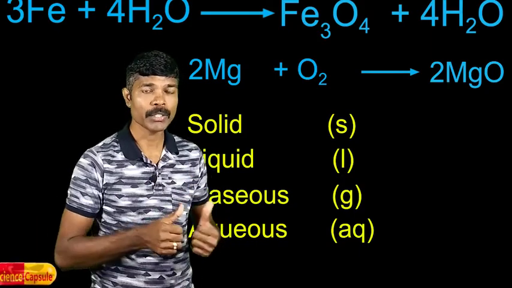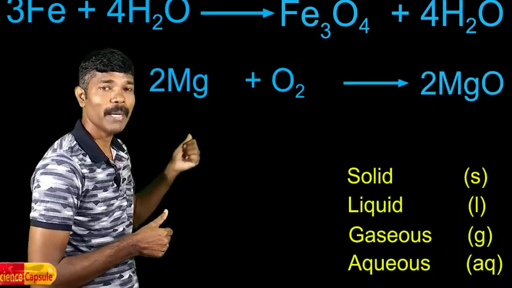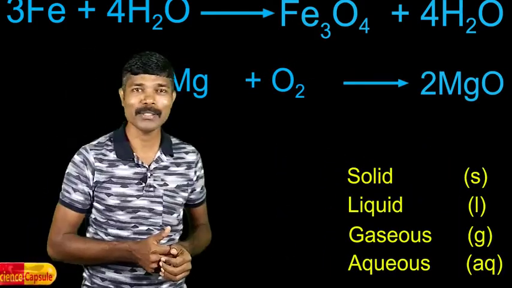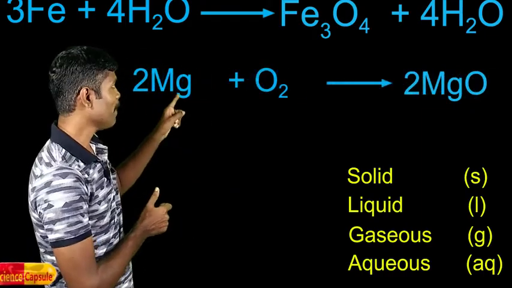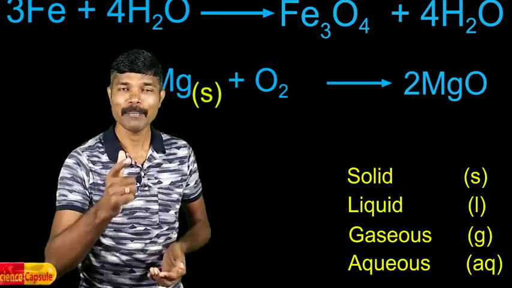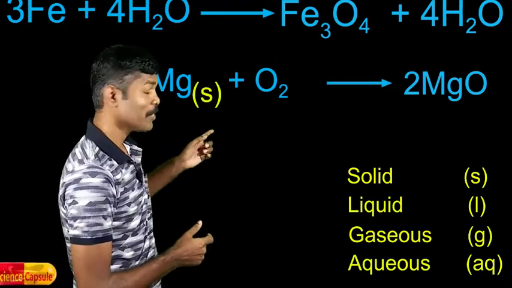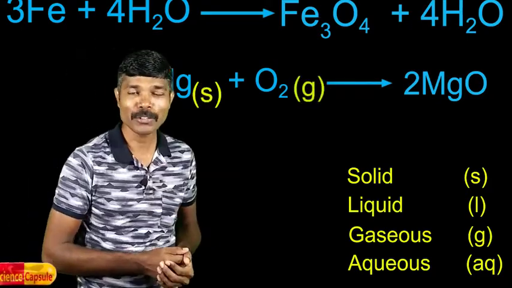Now, in our case, we need to use these state symbols for completing the chemical equation. How to complete it? We know that magnesium exists as a solid, so within parentheses, under subscript, you have to write the state symbol for solid. We know that oxygen exists as a gas, so the state symbol for gas will be used under the subscript of the oxygen molecule.